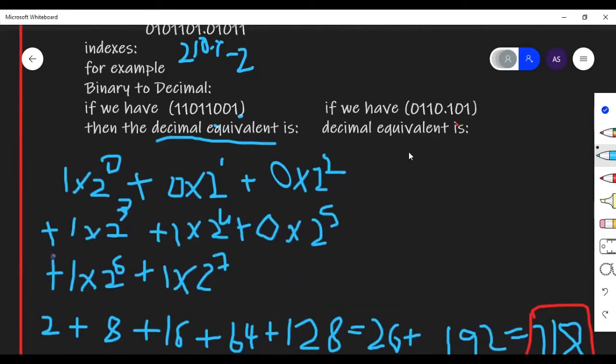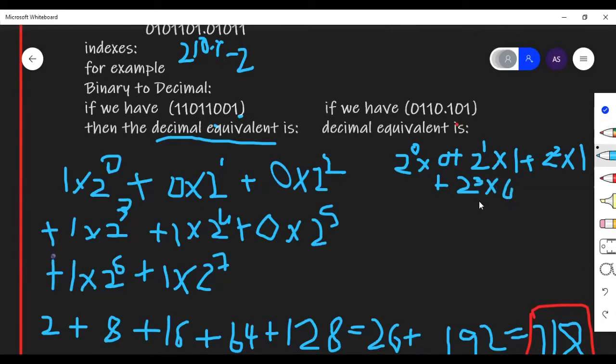First we'll do the positive powers: 2 to the power 0, plus 2 to the power 1 into 1, plus 2 squared into 1, and plus 2 cubed into 1. That's for whatever is on the left of the decimal. Cubed into 0.